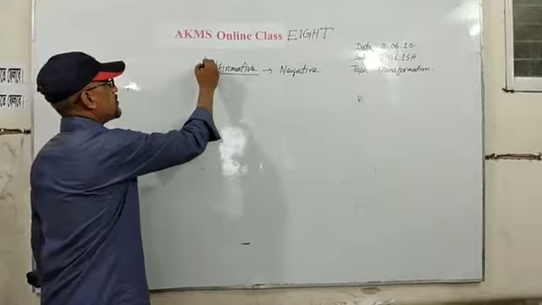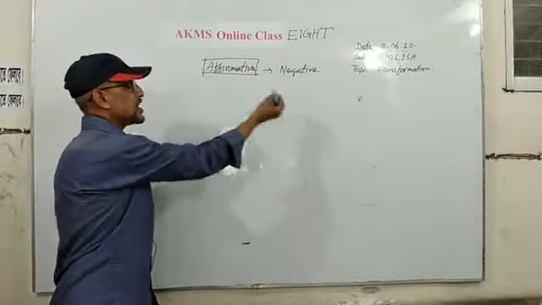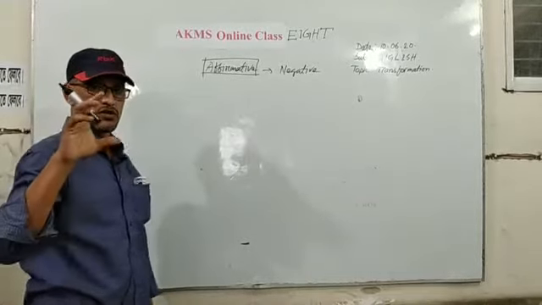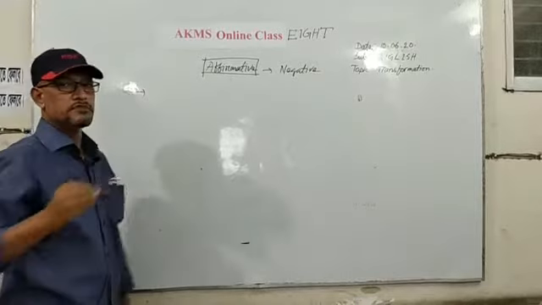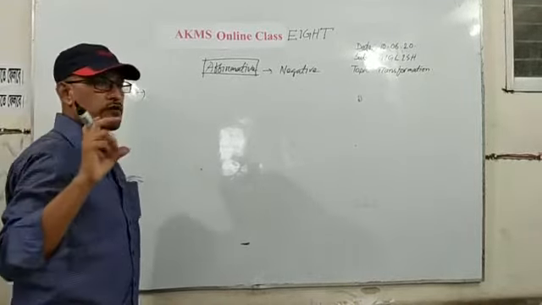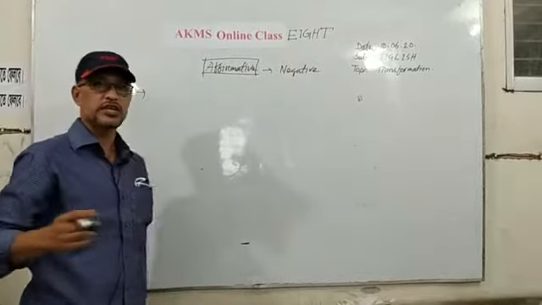At the time of transforming an affirmative sentence to a negative sentence, you should be careful about some words. Just like, I am going to write down some words here. I gave you the information of transforming sentences from affirmative to negative.